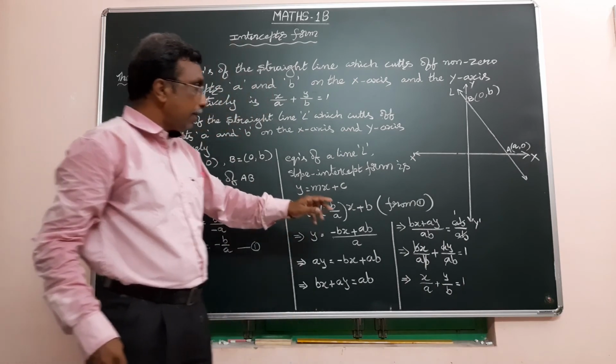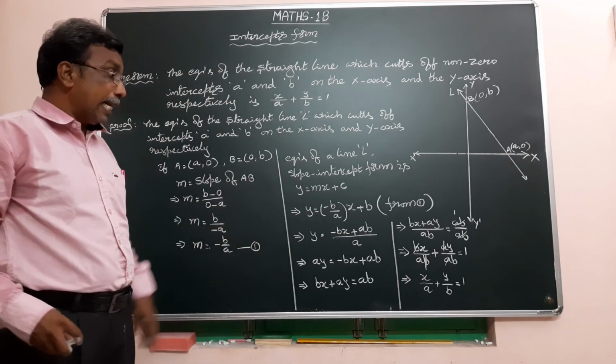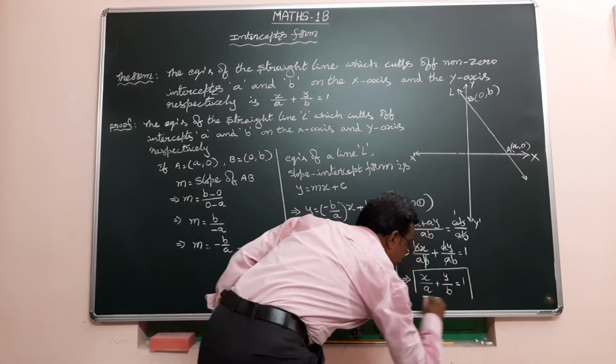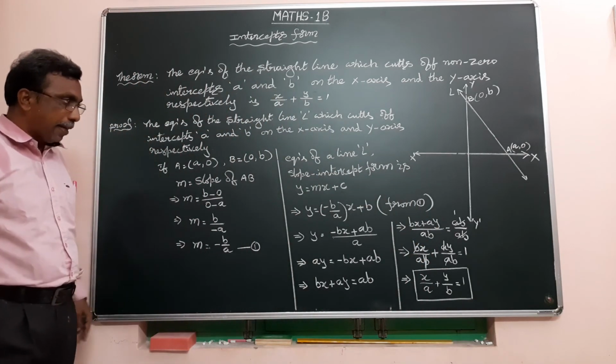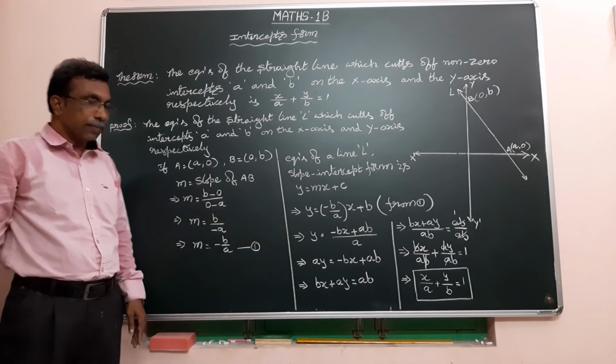This is the intercepts form. Intercepts form: x by a plus y by b equal to 1.